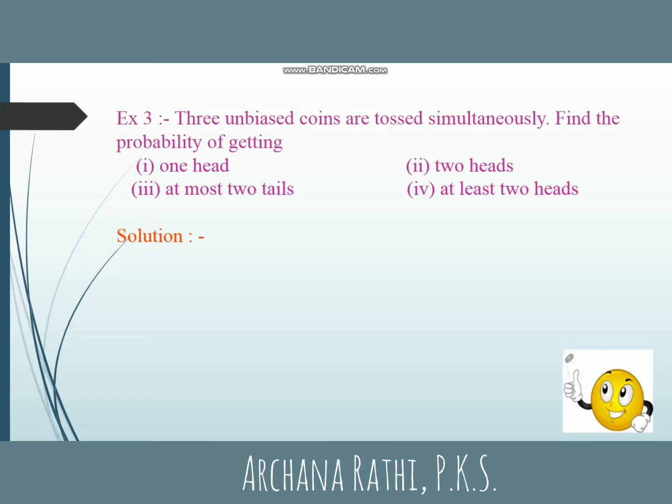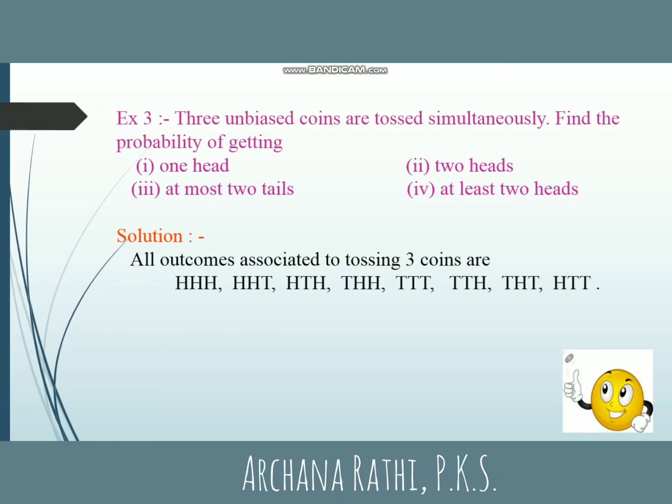Now you know that all the outcomes associated with tossing 3 coins are HHH, HHT, HTH, THH, TTT, TTH, THT, HTT. In the previous video I already taught you how to find these outcomes. Maybe you know all these things very well.